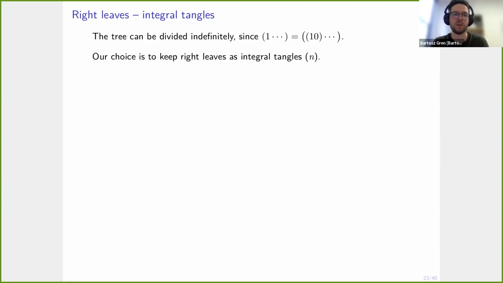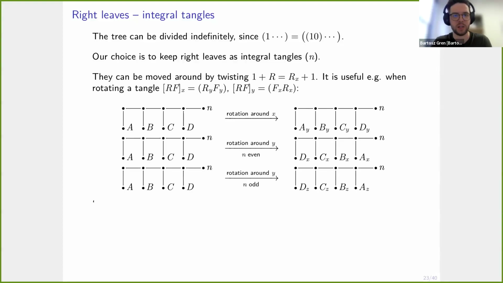So our choice is to keep right leaves as integral tangles. By leaf, I mean a node which doesn't have any children anymore.